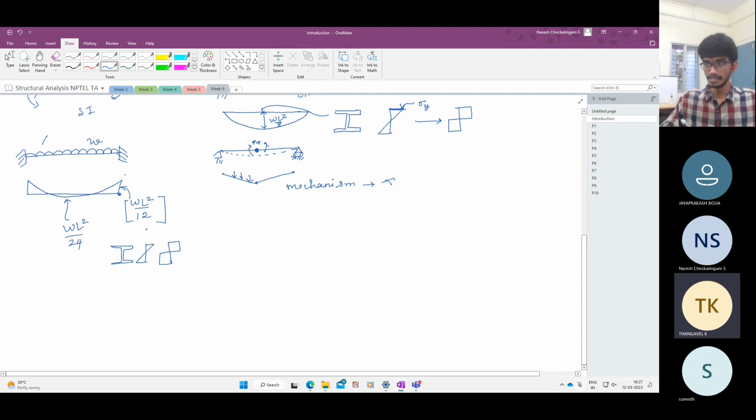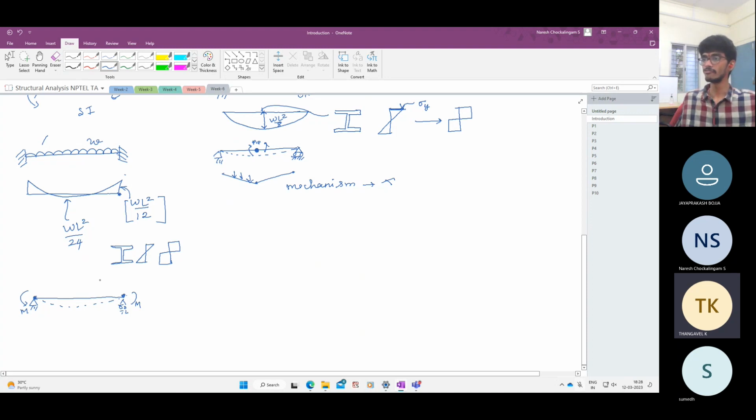But in this case, even if these two become plastic, they'll be supporting a moment in the reverse direction. The middle would still not have yielded because the moment here is still only half of the value at its ends. So the beam continues to take load, although the yield has occurred. Although two plastic hinges have happened, the beam will continue to take load.